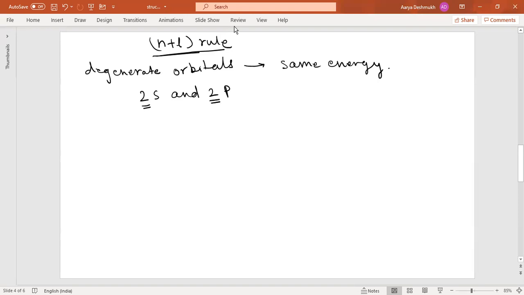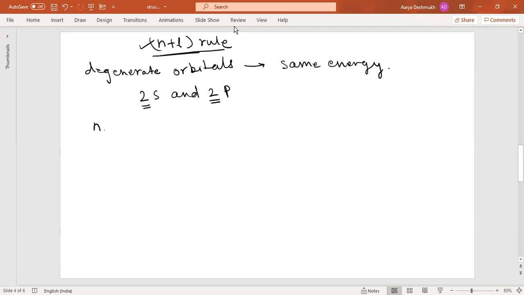Now, in multi-electron atoms, there is a mutual repulsion among the electrons because the charges on the electrons are the same. They are having negative charges, so obviously there will be repulsion in multi-electron atoms. So here you should apply the n plus L rule. What does it mean actually? The lower the sum of n plus L for an orbital, the lower is its energy.